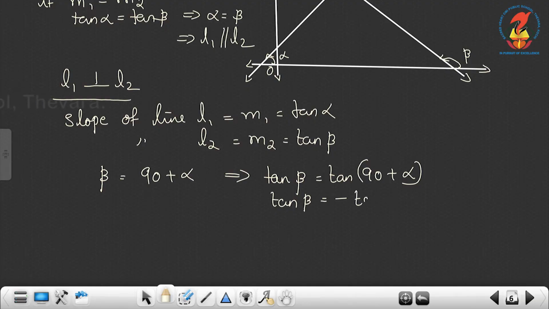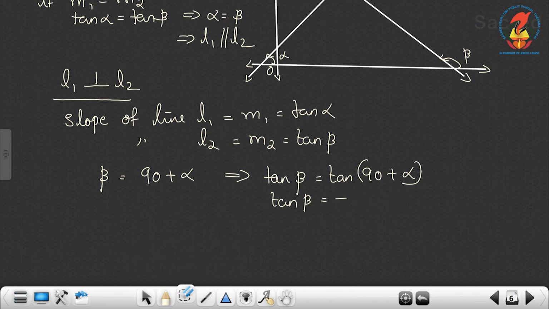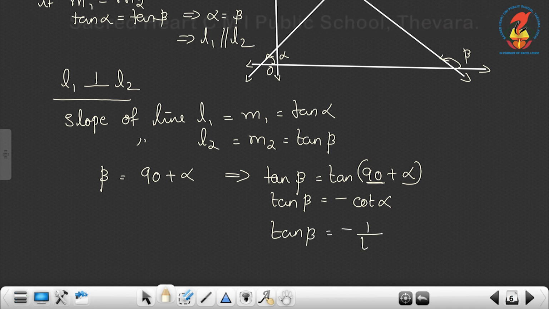So minus of tan alpha? Not tan alpha. Tan will change to which function? Since it is 90 here, tan will change to cot function. So cot alpha. Now, tan beta is equal to minus cot alpha, which is the same as minus 1 by tan alpha.